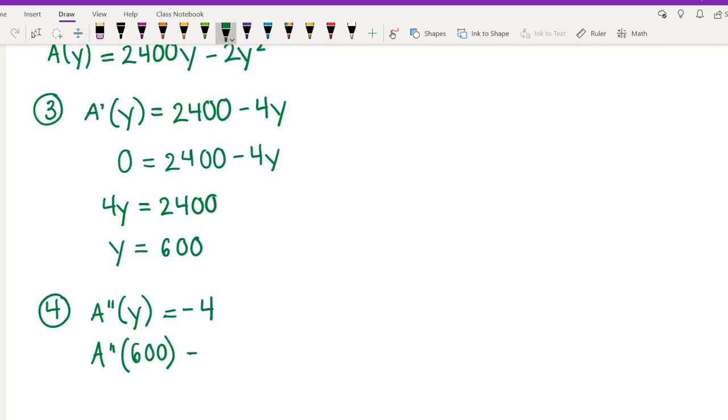And if it's always concave down, then the critical number we're finding is a local maximum. If you were to plug in 600, you would get negative 4. So this is negative, and so that tells us that we have a local max at y equal to 600.